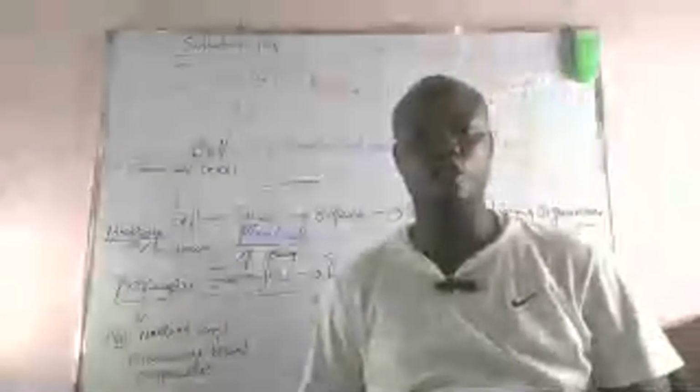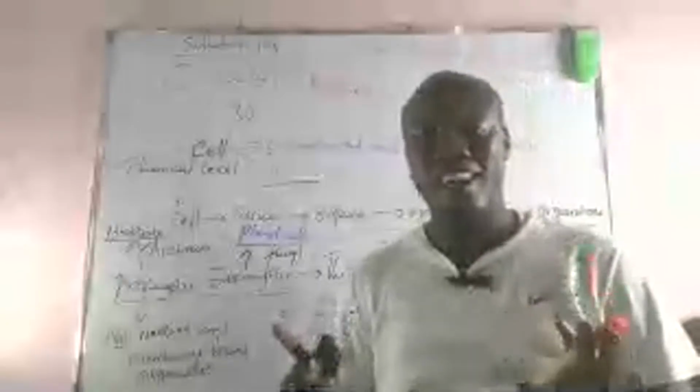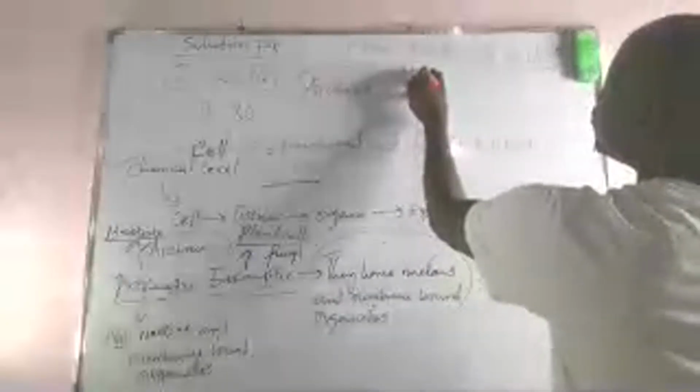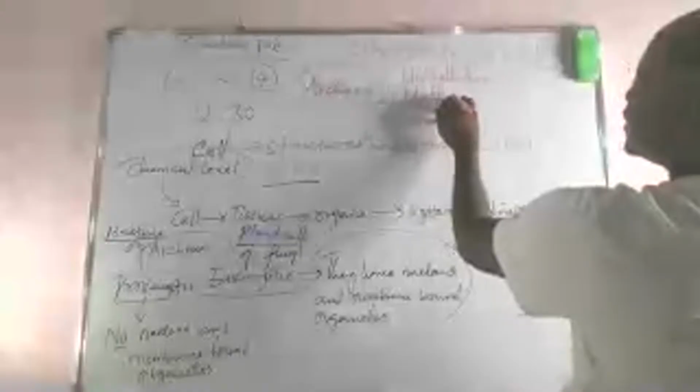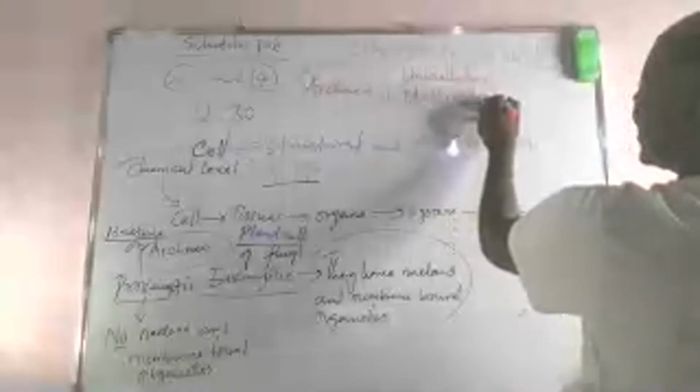So now I am asking about classification of cells. Please, who can tell me what are the classifications of cell? Excellent, Grace. We have unicellular and we have multicellular.